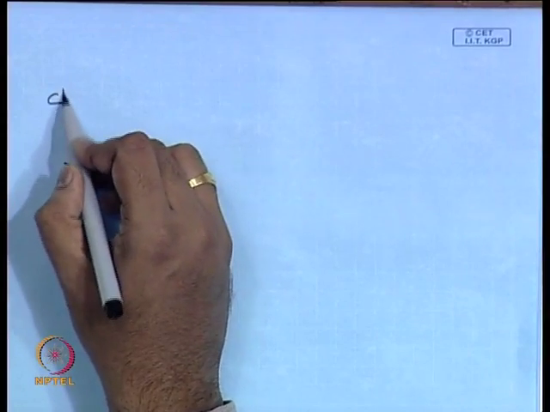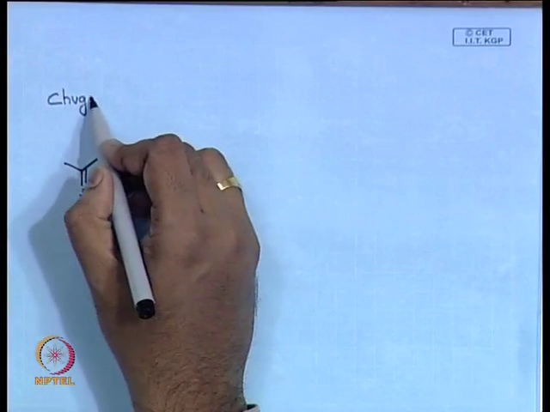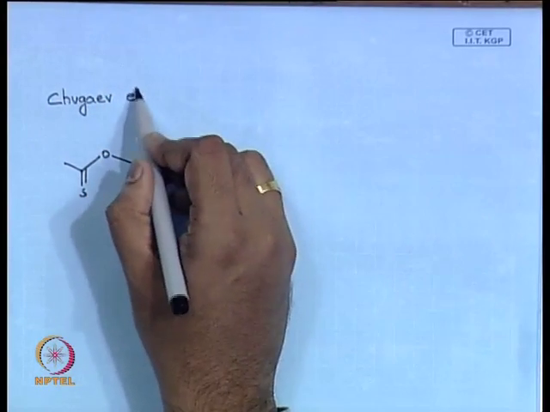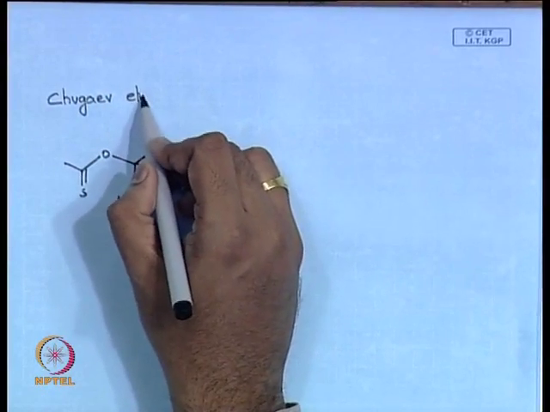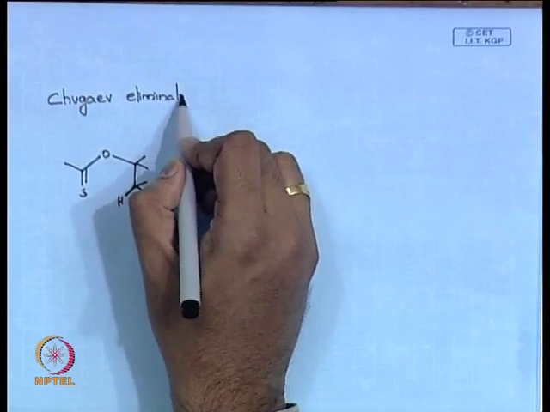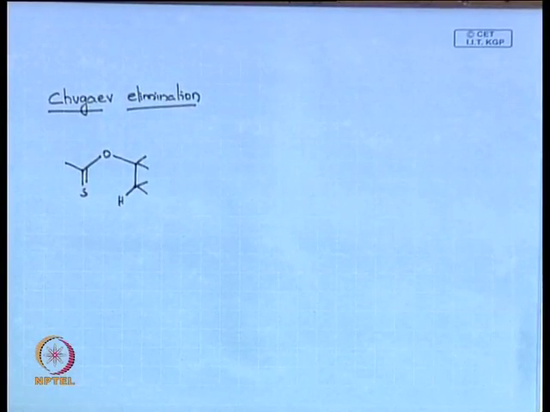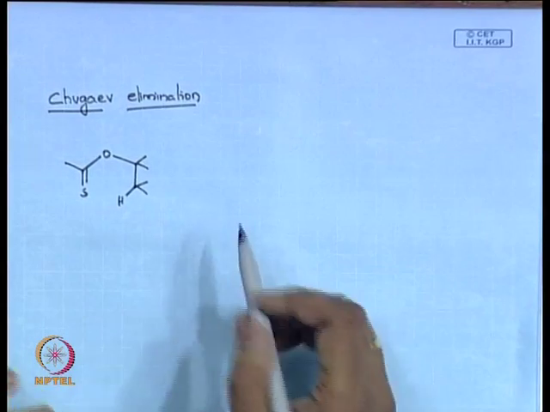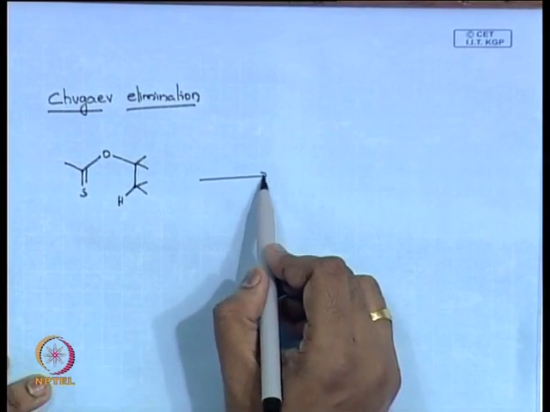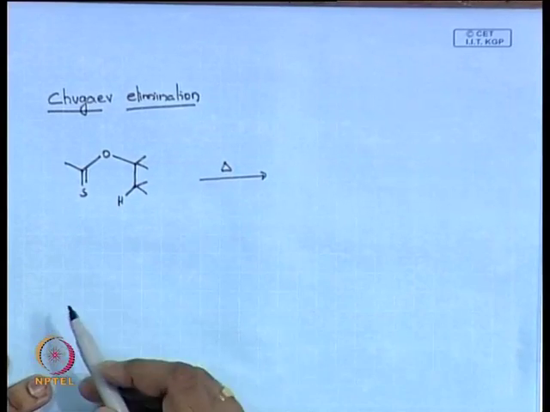Nothing but it is a Chugaev elimination. Chugaev elimination just falls under retro-ene reaction. Okay. Whenever you think about it, just remember this type of reactions.